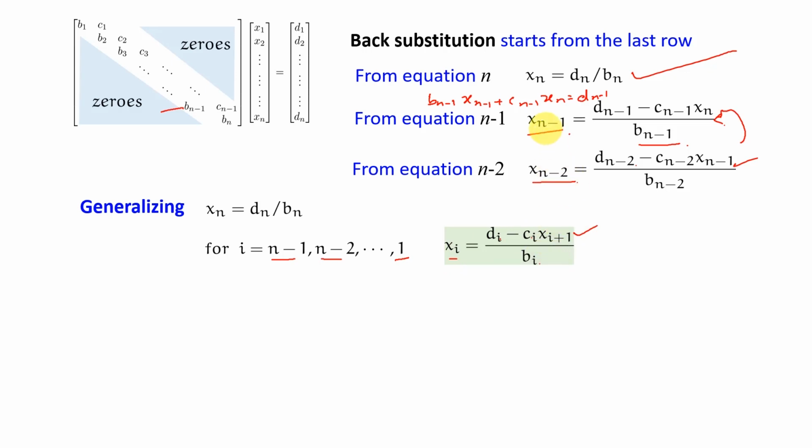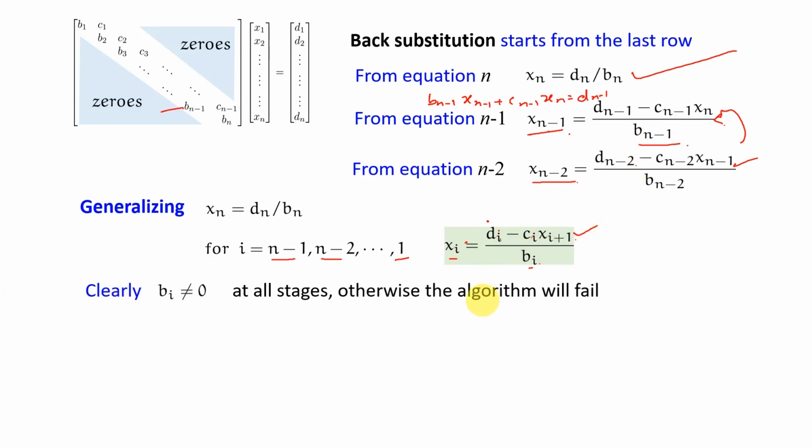We can check it here: xn minus 1 is dn minus 1 minus cn minus 1 xn divided by bn minus 1, so xi, di, ci, xi plus 1 and bi. Bi of course cannot be 0 at any point. The algorithm will fail in that case, and in fact we are not going to have a solution. Whether you use Thomas algorithm or something else, you are not going to have a solution.